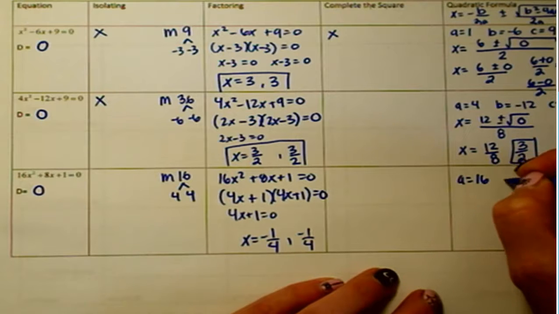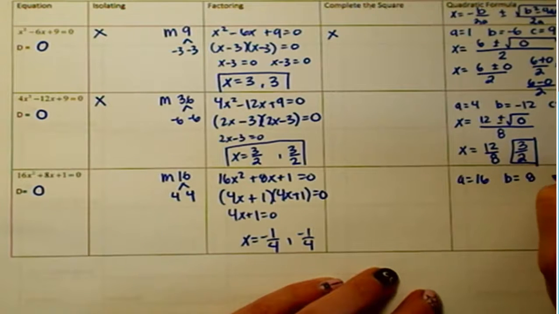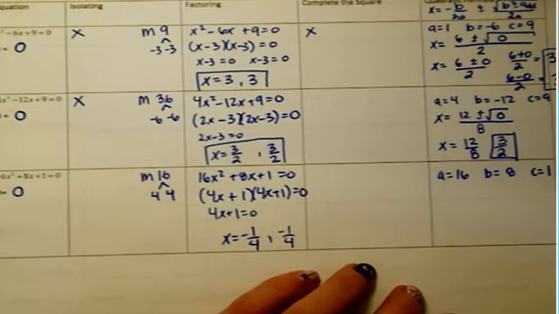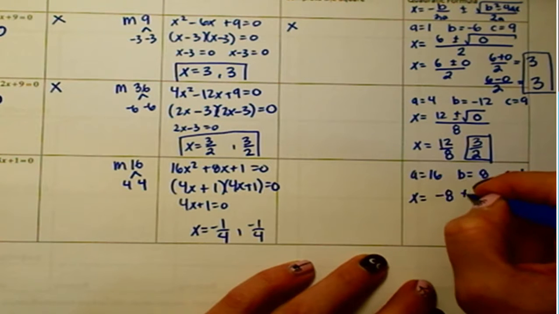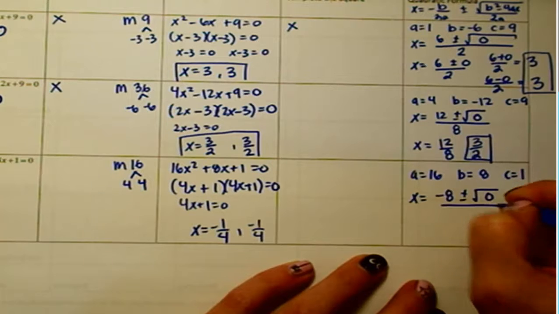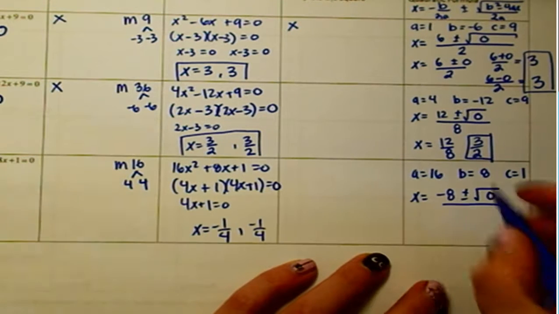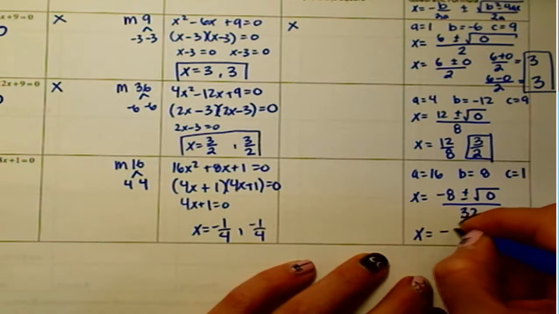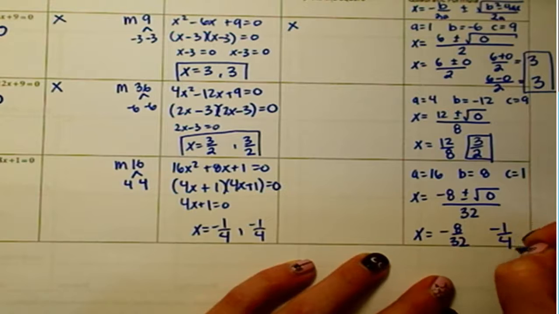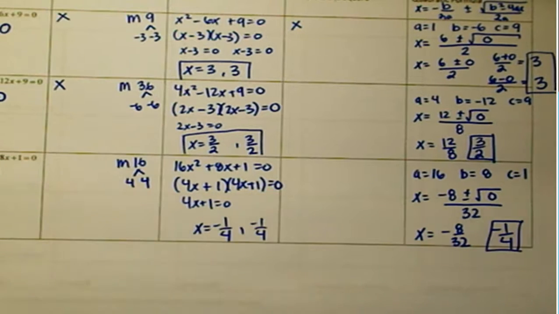A equals 16, B equals 8, and C equals 1. X equals opposite B plus or minus, my discriminant is 0, over 2A, which is 32. So I end up with 1/4.